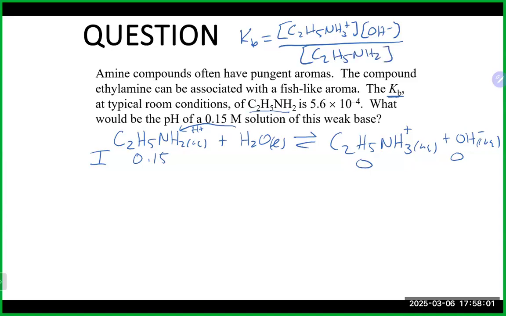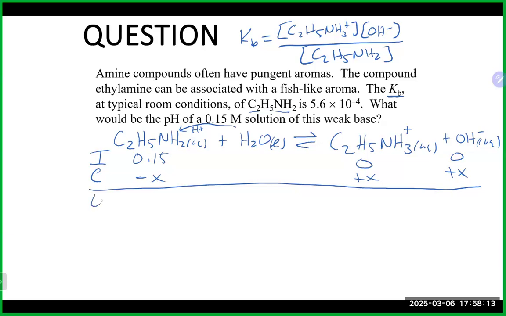Once again, water is not included as it is a liquid. Our change is going to be minus X as we only have reactants, so the forward direction here should predominate. And that means at equilibrium 0.15 minus X, X, and X. Any questions on the table here?